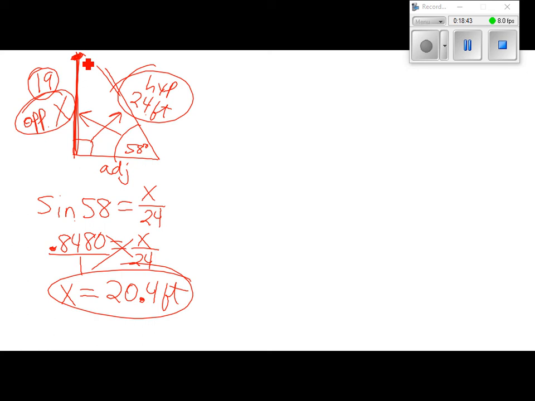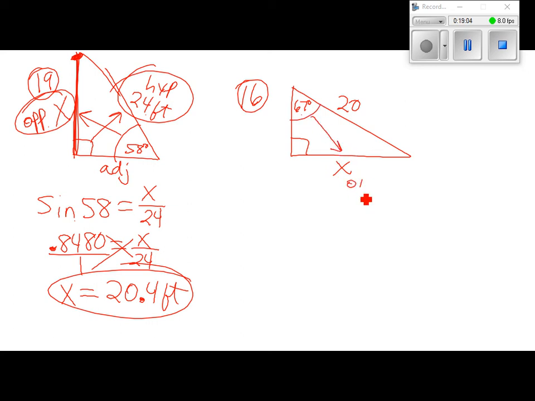And the last one, number 16. Number 16 looks like this. A 67-degree angle here. This side's 20, this side's x. Since that's 67 degrees, we're probably using SOHCAHTOA again. That's your opposite leg.